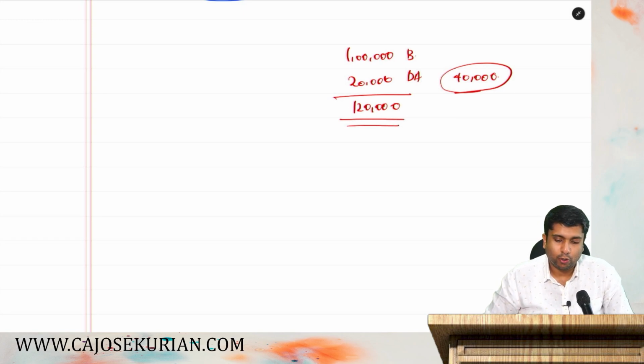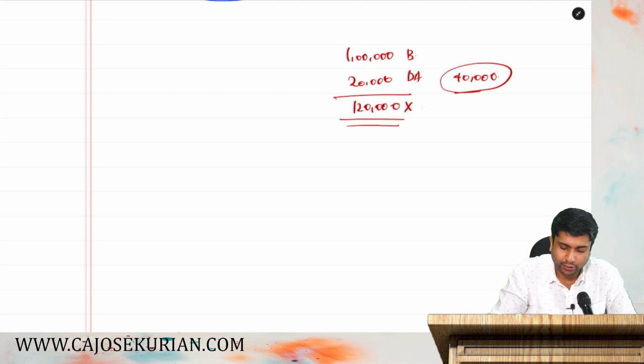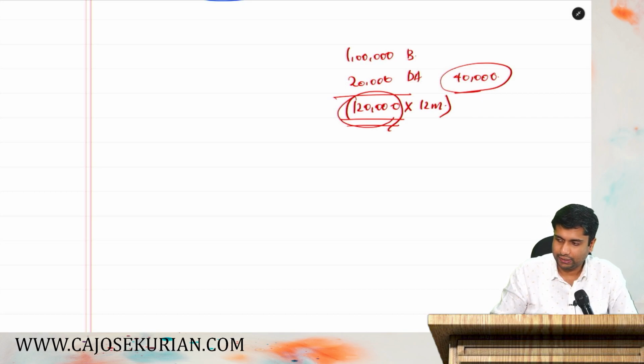Now, both Mr. A and his employer contribute 15% of basic salary to the pension scheme. So 1,20,000 into 12 months. How much is basic salary plus DA into 12 months? 1,20,000 into 12 is 14,40,000.